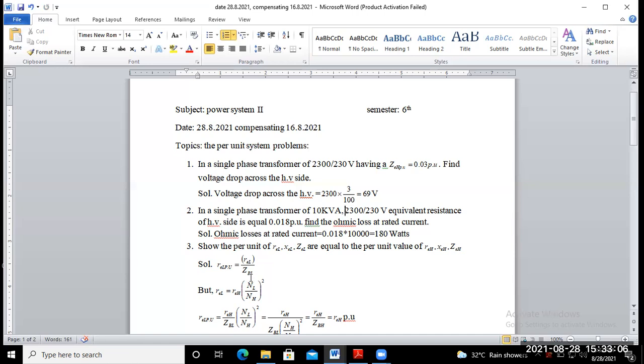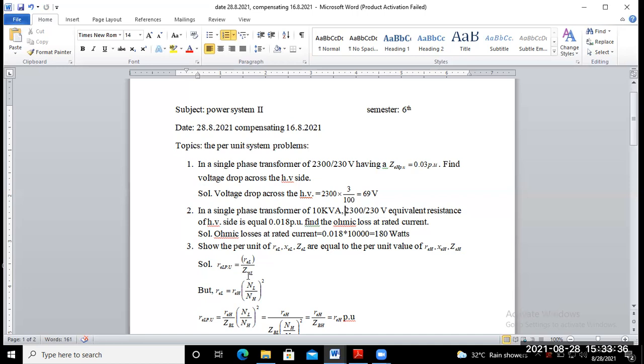Okay, so ZBL represents here the base impedance on the low voltage side. As we know, any quantity can be converted into a per unit quantity by the actual quantity divided by the base quantity. So it is nothing but the ratio of the actual quantity to the base quantity. So REL in per unit equals REL in ohm divided by the base impedance in ohm of the low voltage side, represented by ZBL here.